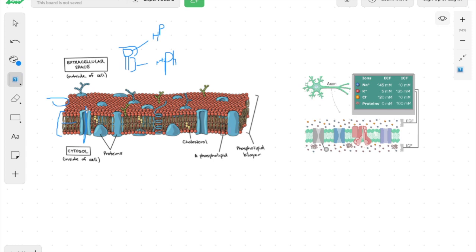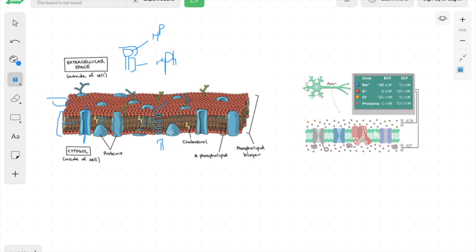The second is the carrier protein, for example this one, which binds with the substance from the outside, and there's a conformational change that transports the substance across the cell membrane. So these are the two parts of the integral proteins: channel proteins and carrier proteins.